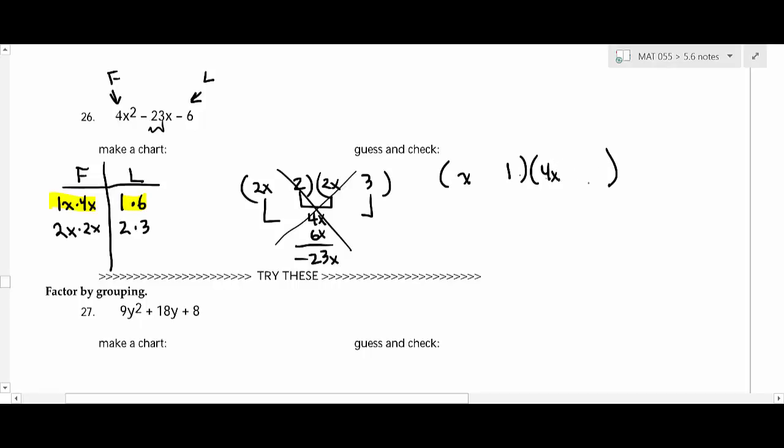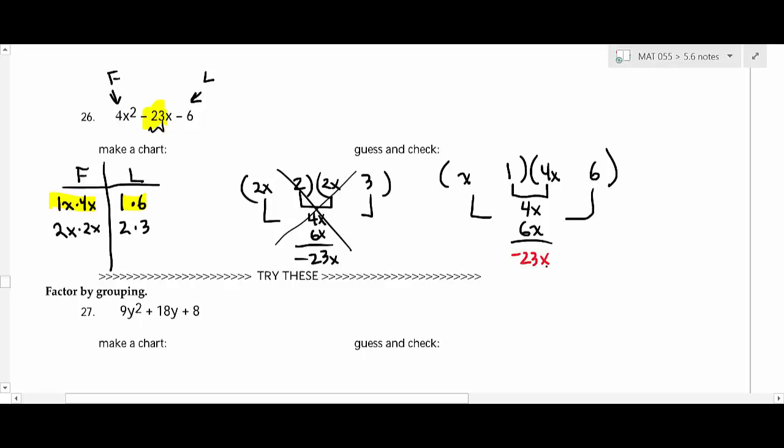I'm doing it wrong on purpose. That's part of the learning process. The inner term would be 4x. The outer term is 6x. What are we trying to get? Negative 23x. Does that work? No, you can't make 4 and 6 add up to 23.